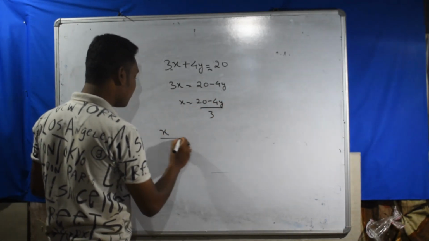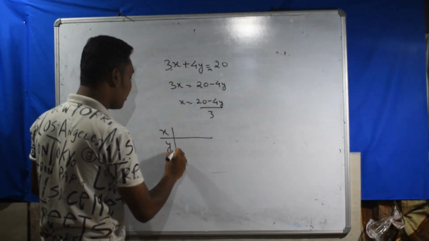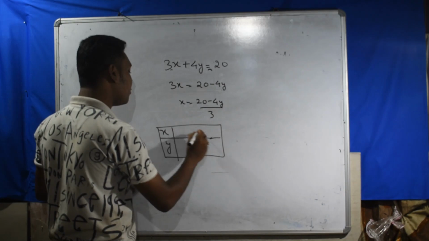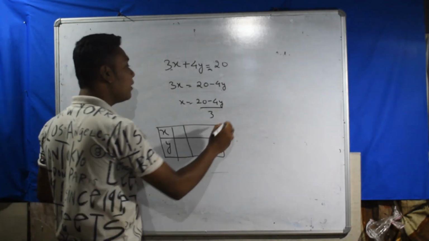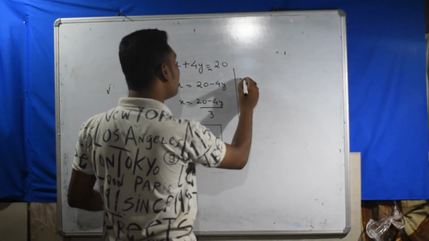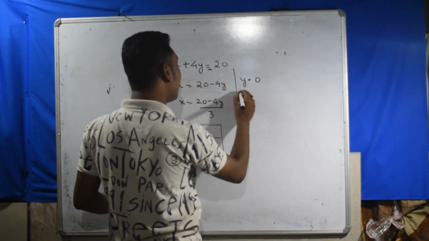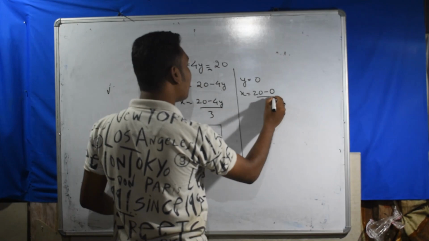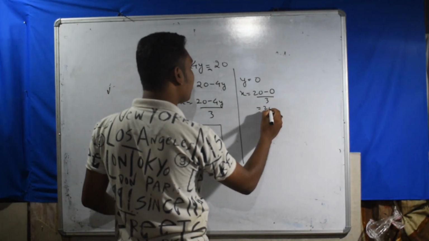So x, y. I can find many solutions here. Let us see how. If I consider y to be 0, x is equal to 20 minus 4 times 0 by 3, 20 by 3.